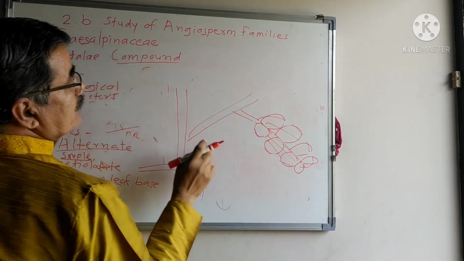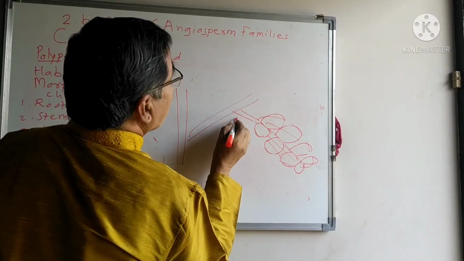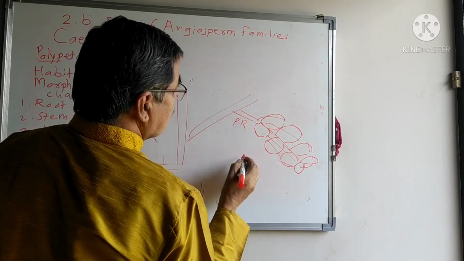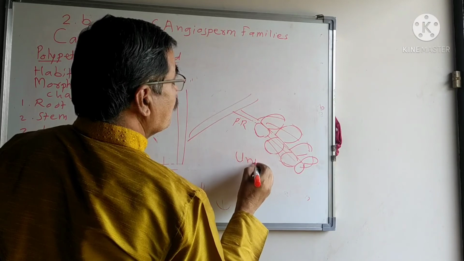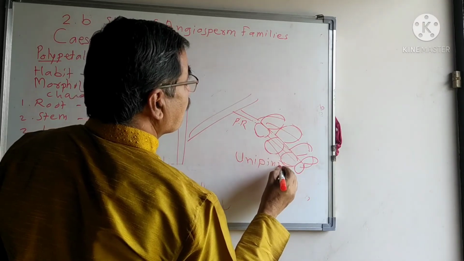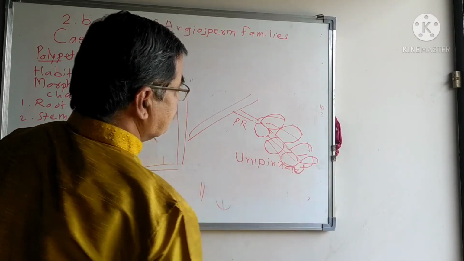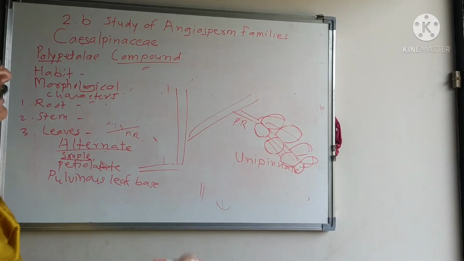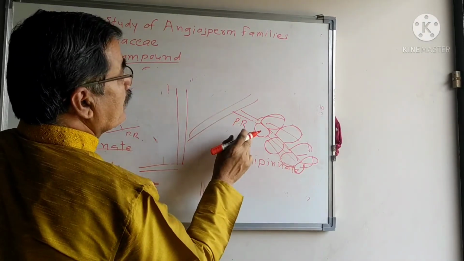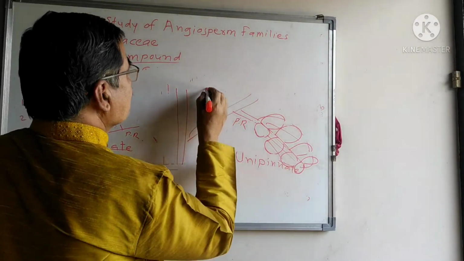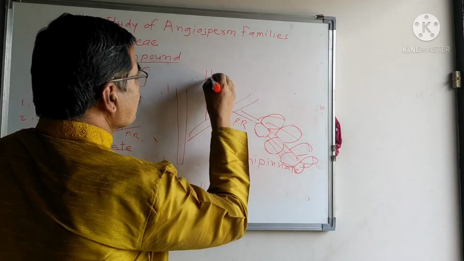When the leaflets are developed on a primary rachis, it is known as a unipinnate compound leaf. In some species, the leaflets are not developed directly from the primary rachis. This one is the primary rachis.